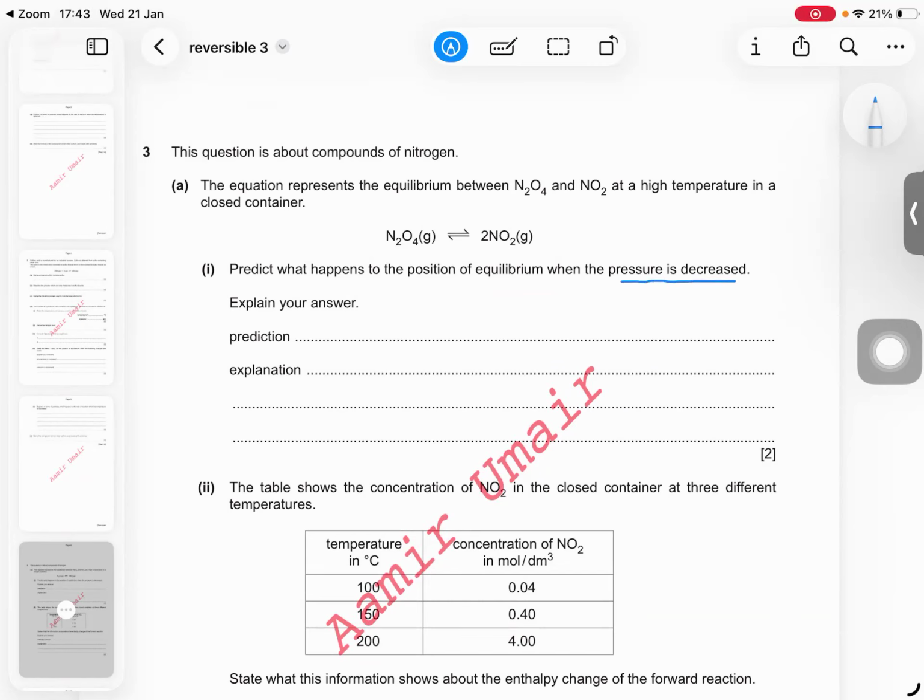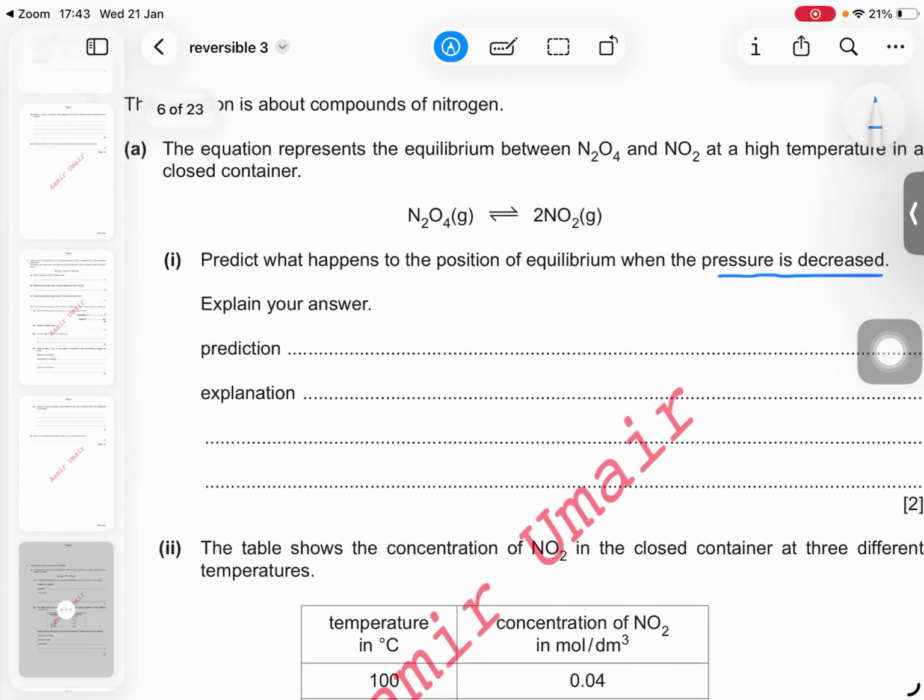When the pressure is decreased, if you are looking at the effect of pressure, you have to look at the number of moles. How many moles on this side and how many moles on this side? 1 and 2. So there are unequal moles, right?